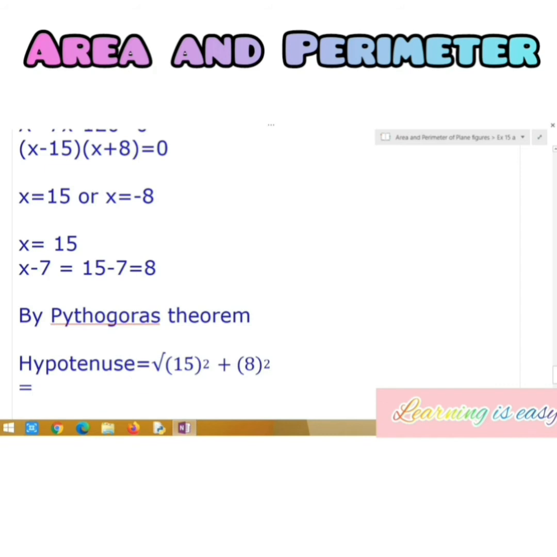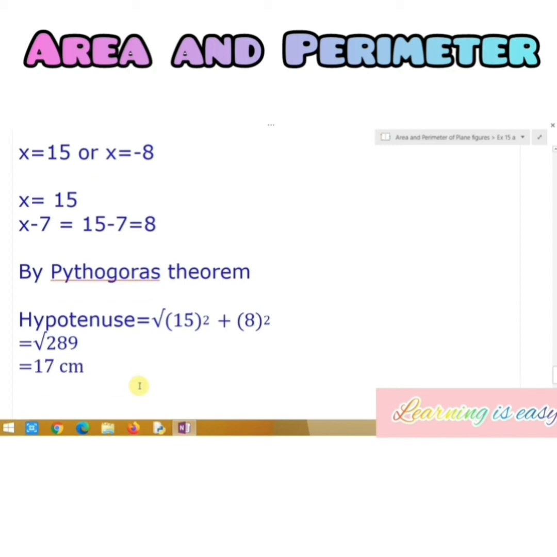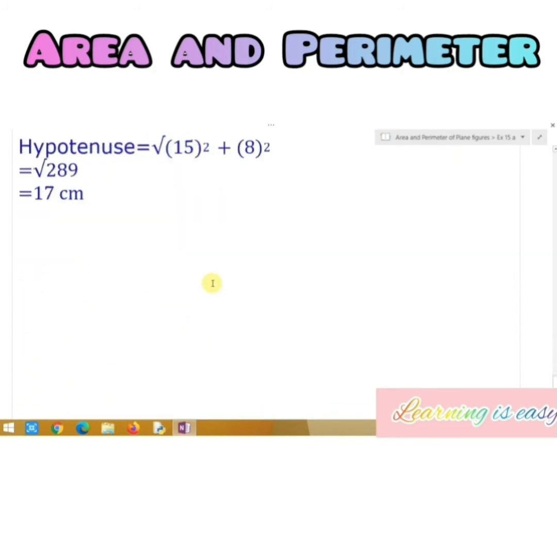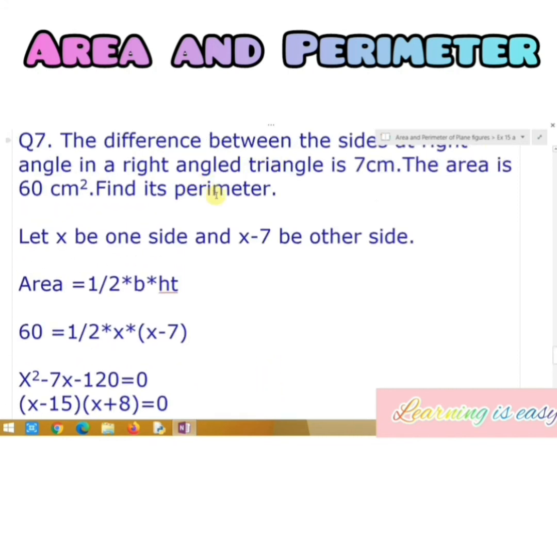So that gives the third side, the longest side, hypotenuse, which is going to be square root of 289, that is 17 centimeter. Find its perimeter. Perimeter is sum of the three sides. We got all three sides now. 17 plus 15 plus 8 are the three sides of this triangle. So that's 40 centimeter. Perimeter is 40 centimeter.